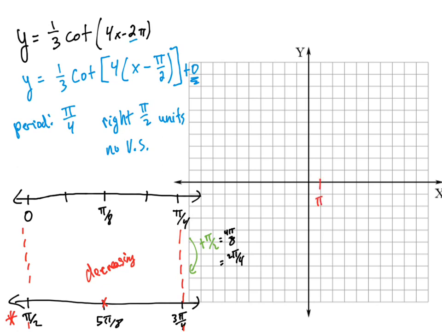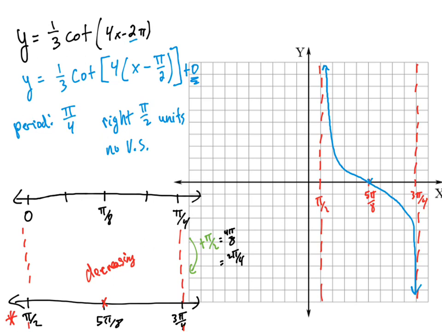I'll have pi over 2, 5 pi over 8, and 3 pi over 4. There are the asymptotes. There's no vertical shift, so the graph is going to cross in the middle at 5 pi over 8 along the x-axis. And then remember, a cotangent graph is decreasing. So the graph is going to look like that.